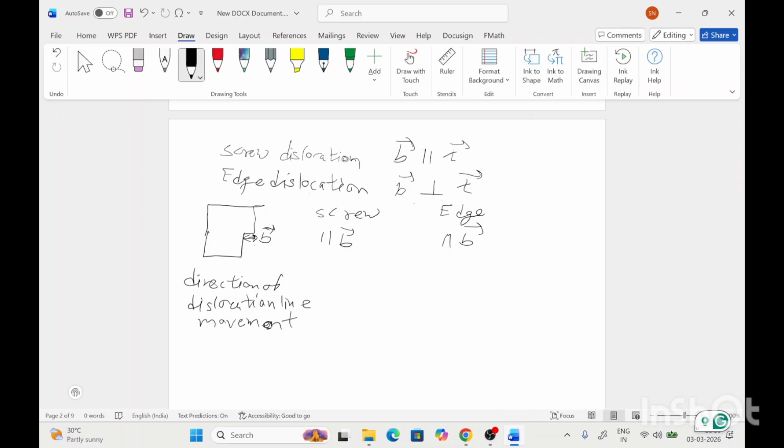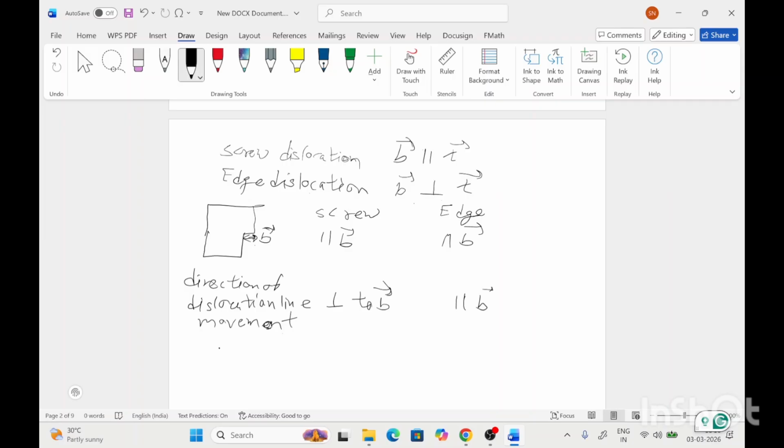So what is the direction of dislocation line movement with respect to the Burgers vector? For the screw dislocation, the line movement is perpendicular to the Burgers vector, and for edge dislocation, it is parallel to the Burgers vector. The line also moves as the Burgers vector moves, in the same direction.